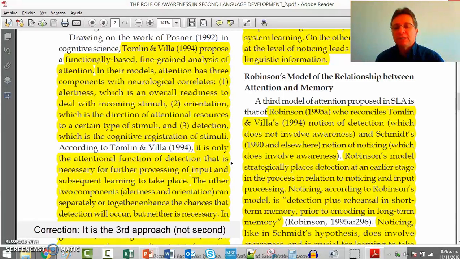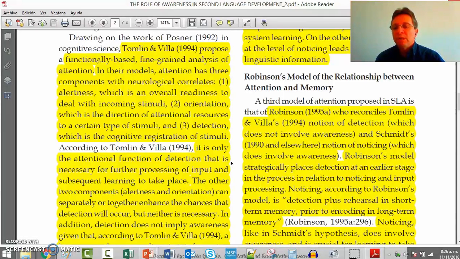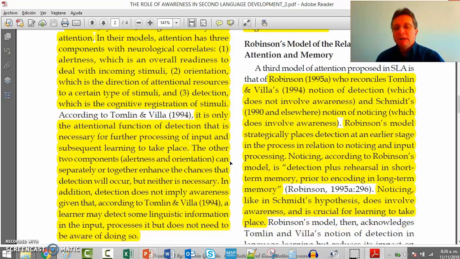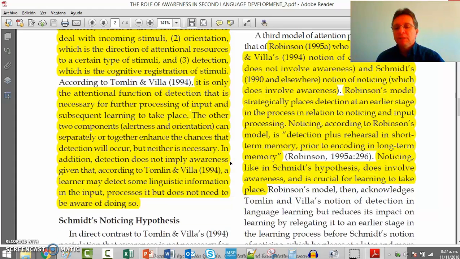The third theoretical approach is by Robinson, who reconciles Tomlin and Villa's notion of detection, which does not involve awareness, and Schmidt's notion of noticing, which does involve awareness. Robinson strategically places detection at an earlier stage in the process in relation to noticing and input processing.